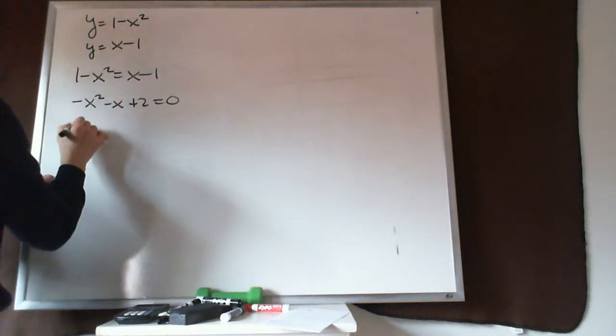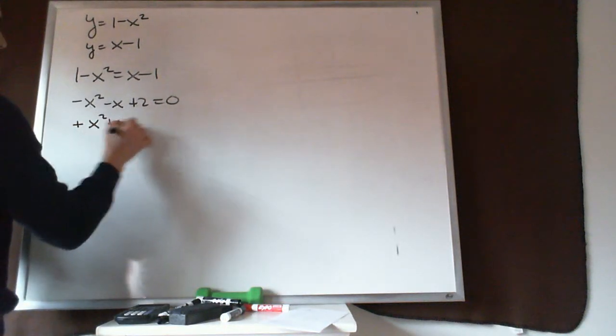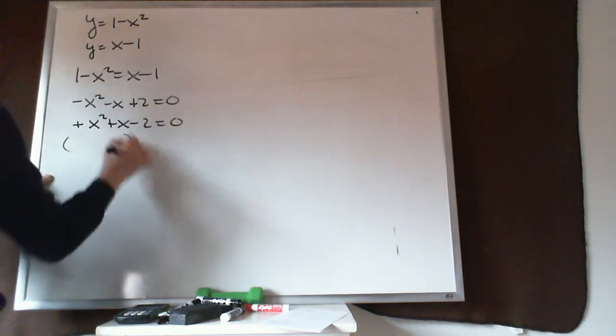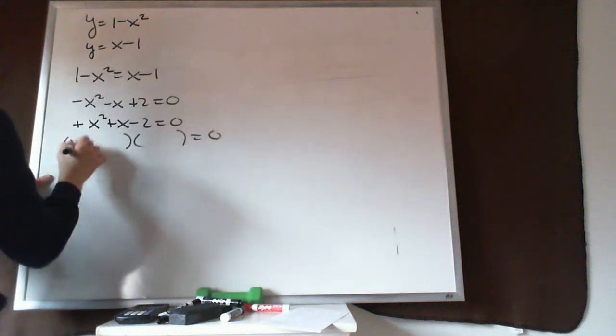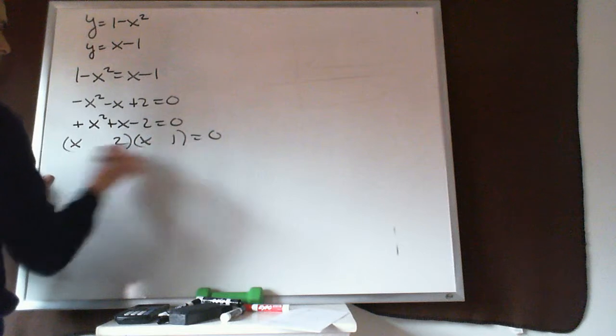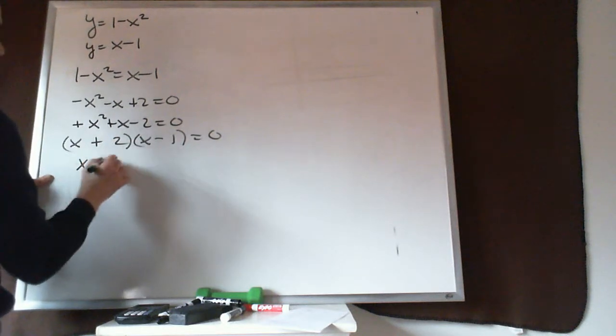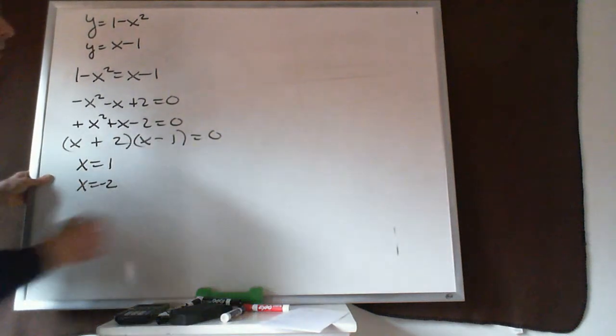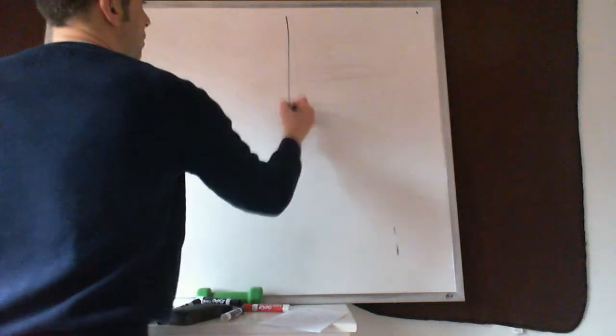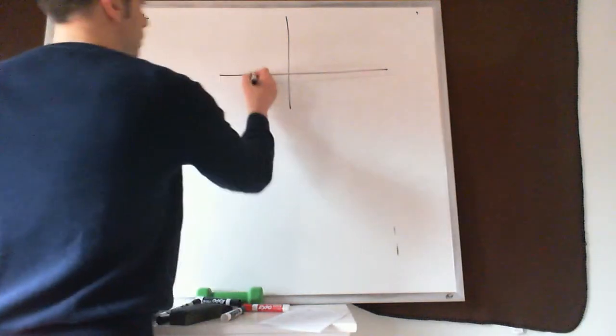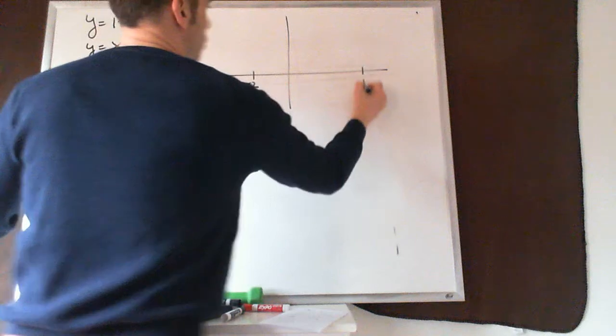Divide out the negative, so I have x squared plus x minus 2 equals 0. Reverse FOIL that. X and x, 2 and 1, positive and negative. So x is 1, or x is what there? Negative 2. So I'm going to integrate now from negative 2 to 1.